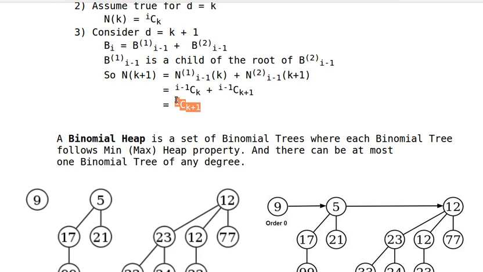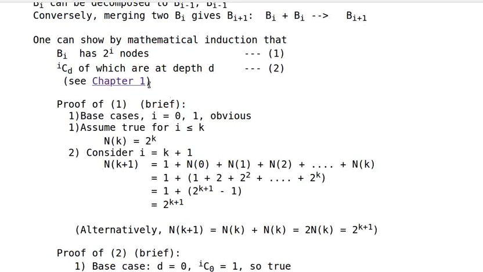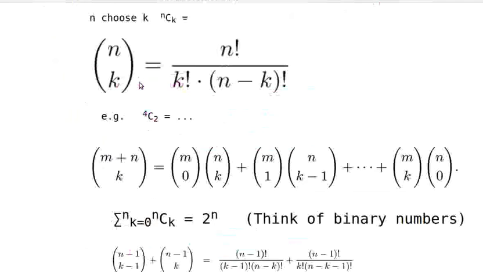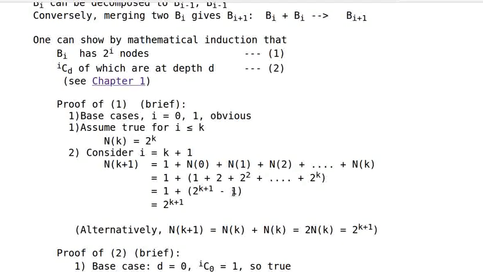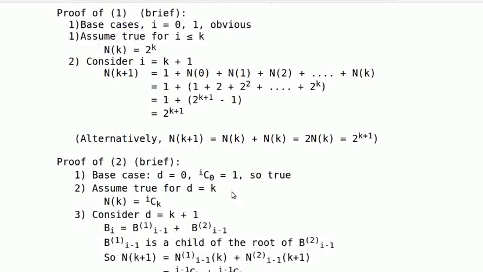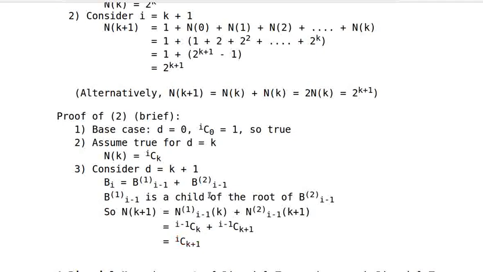So we have made use of this formula: (n-1 choose k-1) plus (n-1 choose k) will give us n choose k. So that means it is also true for the depth k plus 1. That means it is always true.